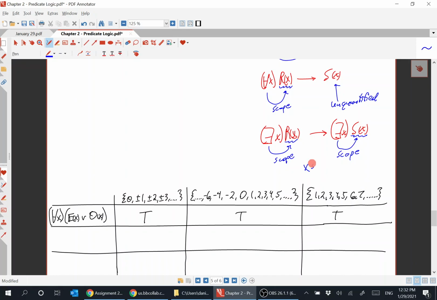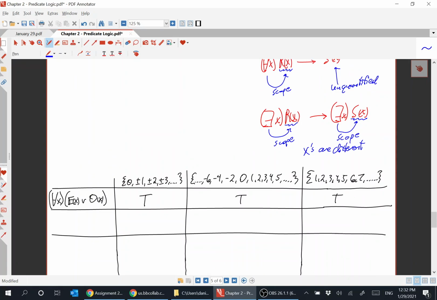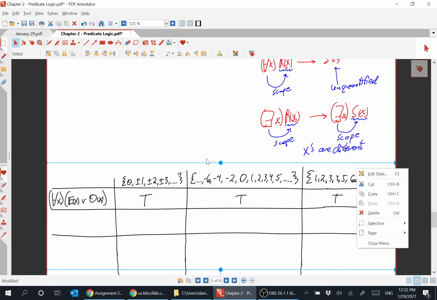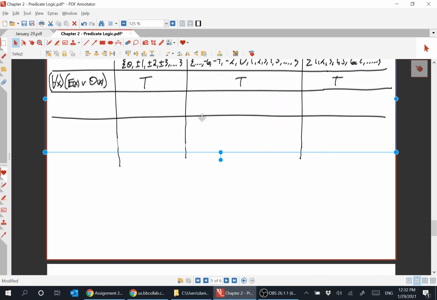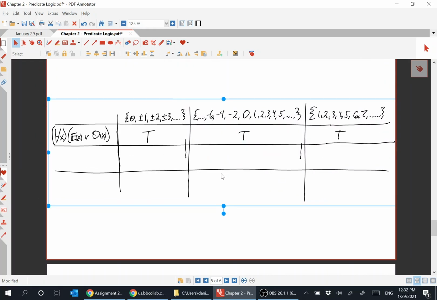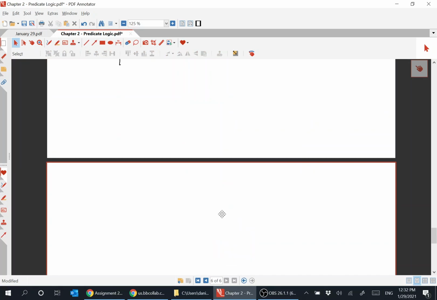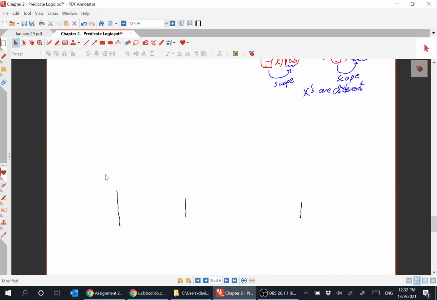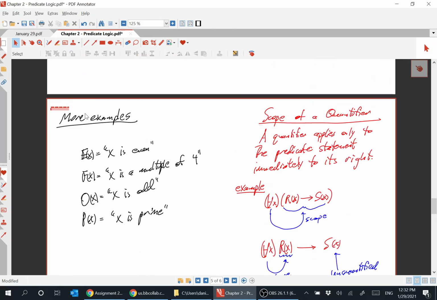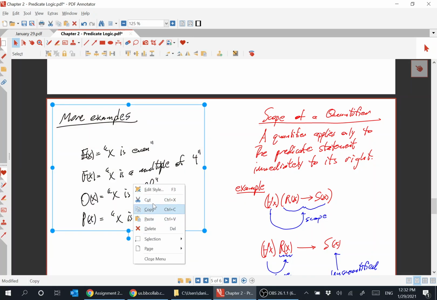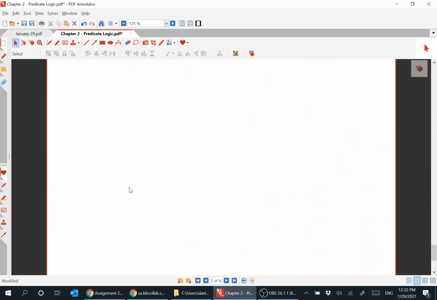And the x's are different. You could write a different variable there entirely if you wanted to. You could use a y instead. I should introduce this and then put more examples down below. Okay, I'll fix that later.